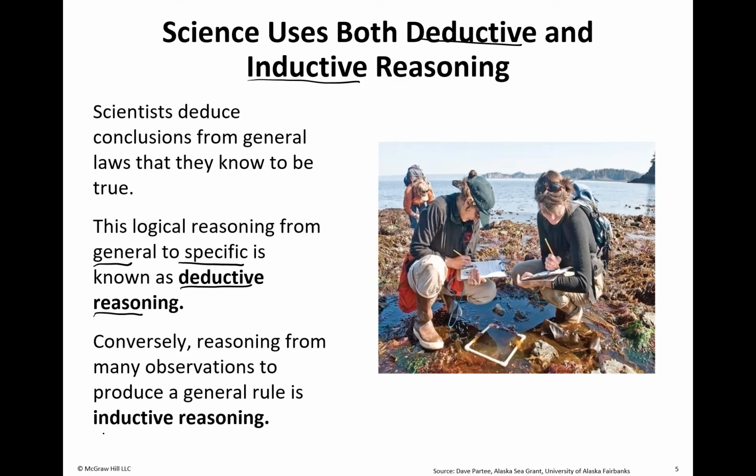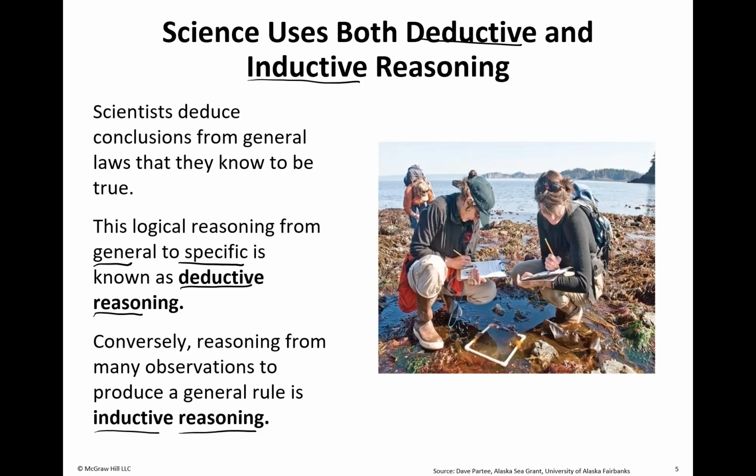The second type is called inductive reasoning or induction. This comes from observations. For example, we observe that fish consist of cells. Frogs also consist of cells. Snakes consist of cells. They're all organisms.